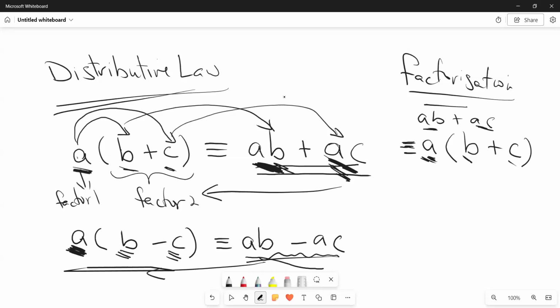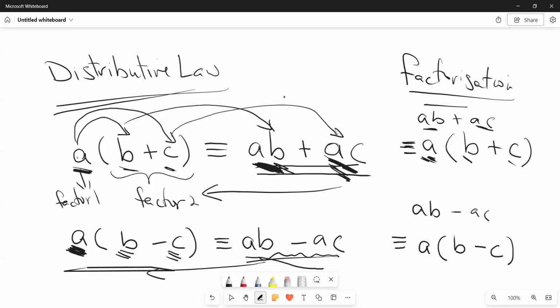Similarly here, AB minus AC is equivalent to A is common, you put it to the front. AB divided by A gives you B minus AC divided by A will give you C. So the distributive law helps you to take two factors, multiply and give you a sum.